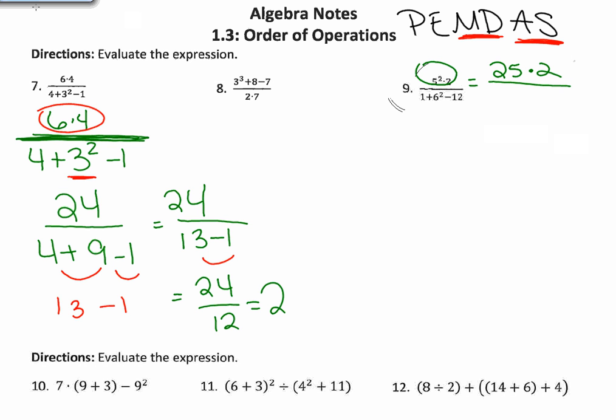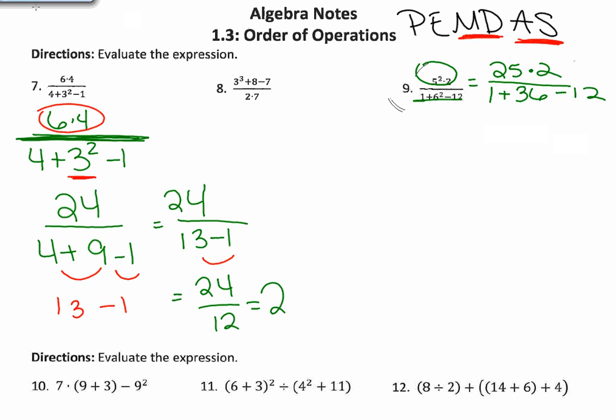Okay, one step at a time. I don't do 5 squared and multiply it by 2 at the same time. One step, 5 squared. On the bottom, I look and see that I have addition, subtraction, and exponents. So when I look at order of operations, I know that exponents have to come first, so that's what I'm going to do. 1 plus 6 squared is 36, minus 12.